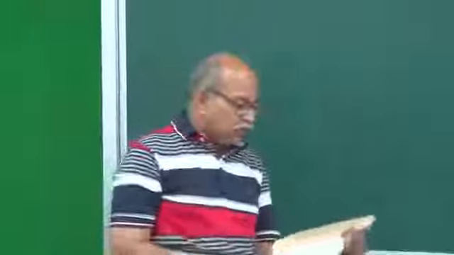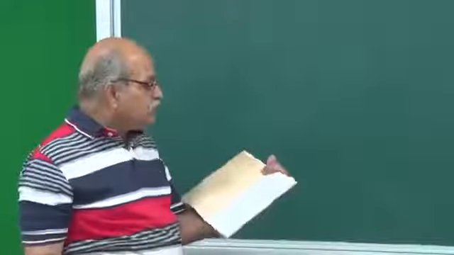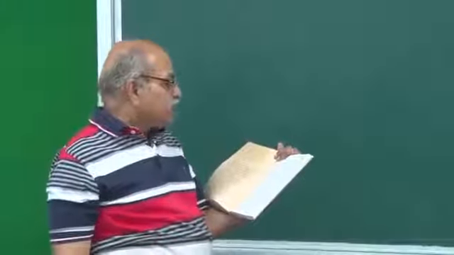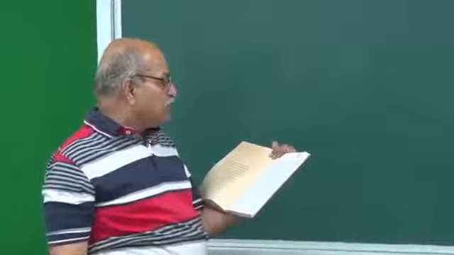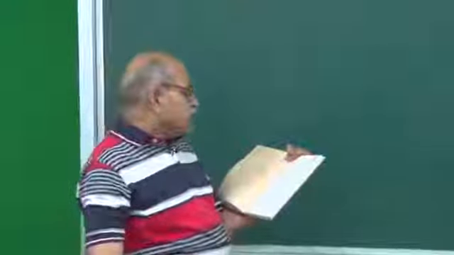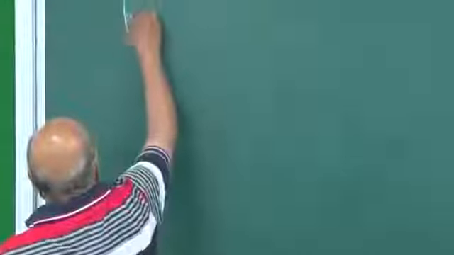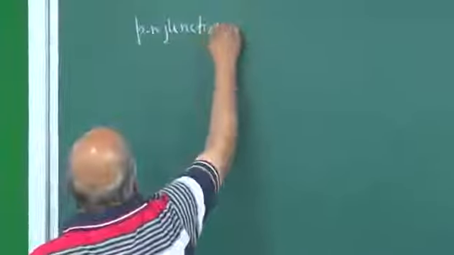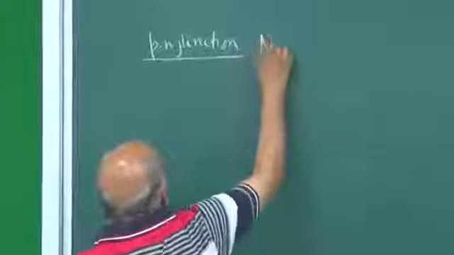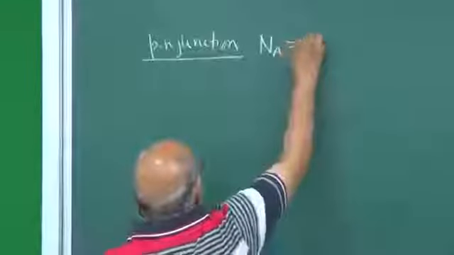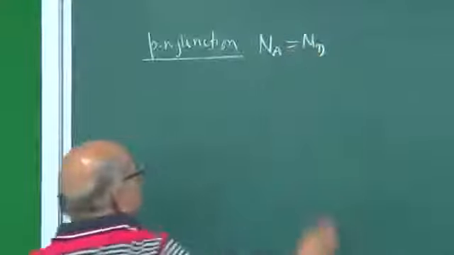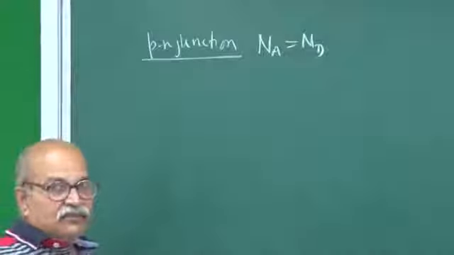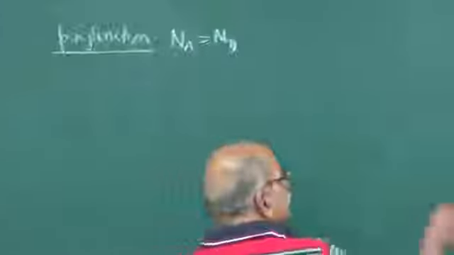Now let me do one more question, and that is on p-n junction. It says that a p-n junction is formed by doping impurities with Na equal to Nd. So the number of acceptor impurities per centimeter cube is the same as the number of donor impurities.